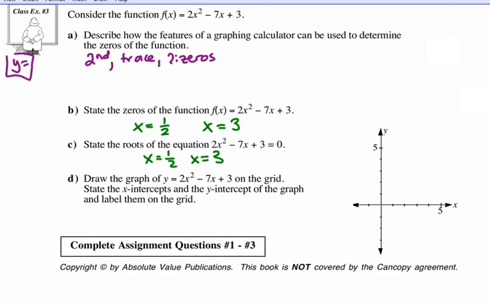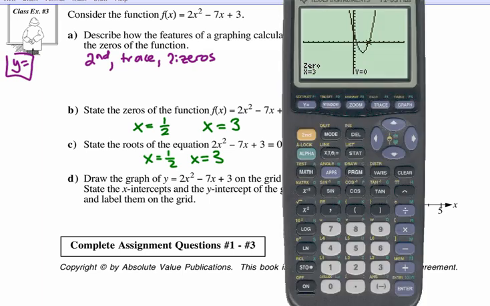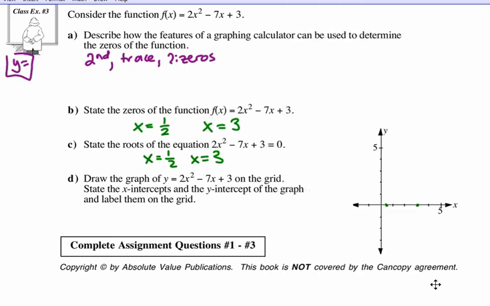So draw the graph. It crossed at 1/2 and 3. Do we know what the y-intercept is? What does it look like the y-intercept is? Positive. Where could you go to look? Go to your table, or push trace, 0, enter, it's at 3.